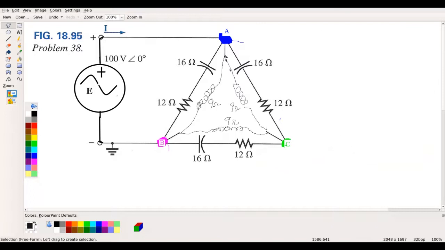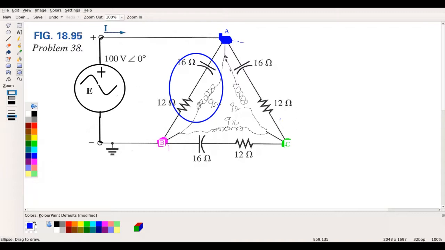All right, so now looking at the circuit here, we have this circuit where the capacitor and the resistor are in parallel with this inductor.